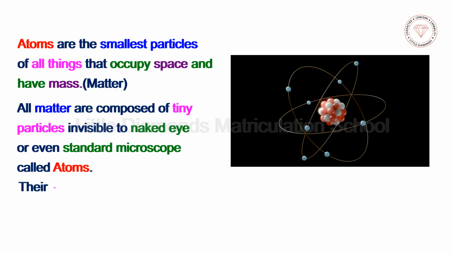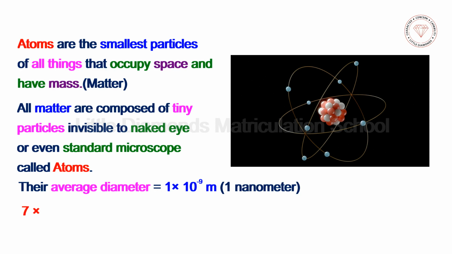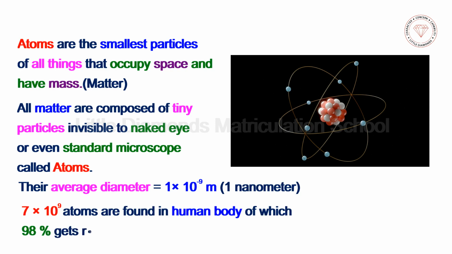The average diameter of an atom is equal to 1 x 10^-9 meter, or 1 nanometer. 7 billion billion billion atoms are found in the human body, of which 98% gets replaced every year.